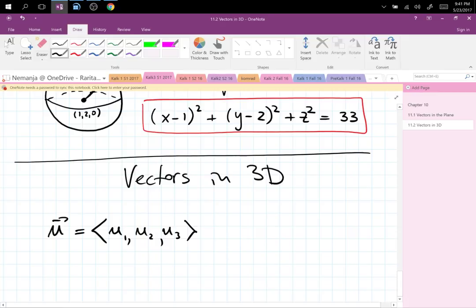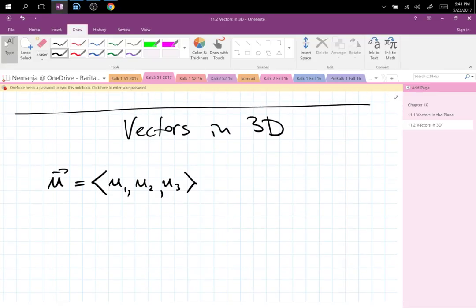Yeah, I refreshed it. So vectors in 3D, we have now 3 components to each vector. Those are x, y, and z. And all of the formulas from 2D transfer over except direction.